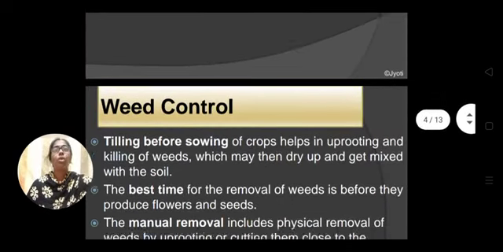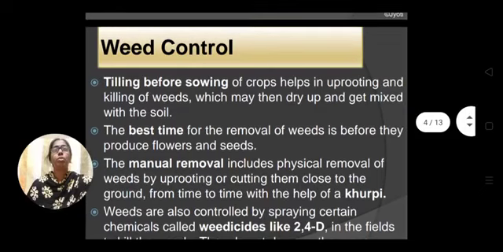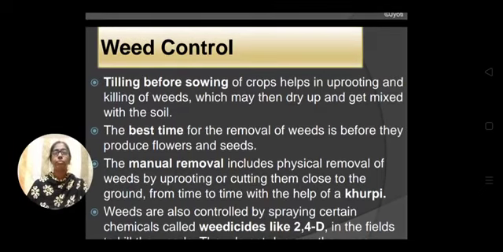Then how are these weeds to be removed, or brought under control? There are several methods. One of them is tilling before sowing. As usual we are doing tilling and plowing before sowing of crops. Before sowing the crops in the field, many unnecessary plants are there.